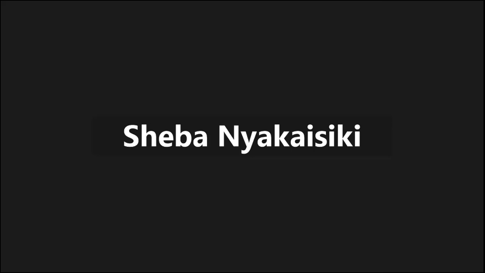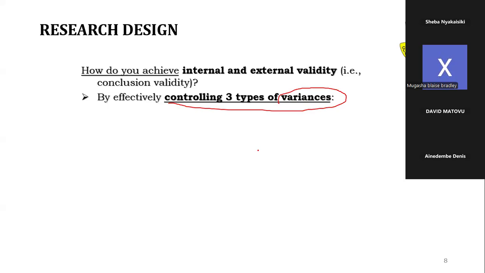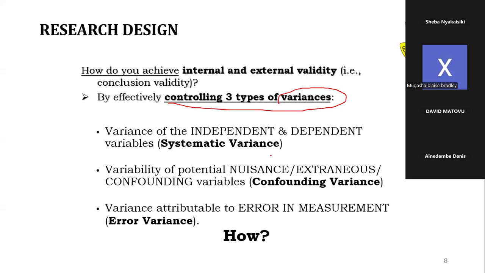Now we are going to look at why it becomes significant when we are talking about control in both internal and external validity. So first thing we want to control is systematic variance. What do we mean by systematic variance?